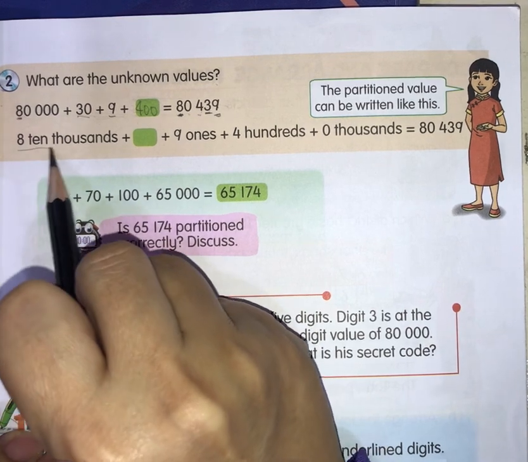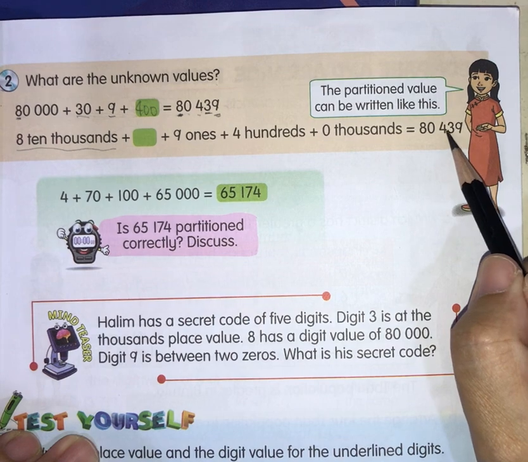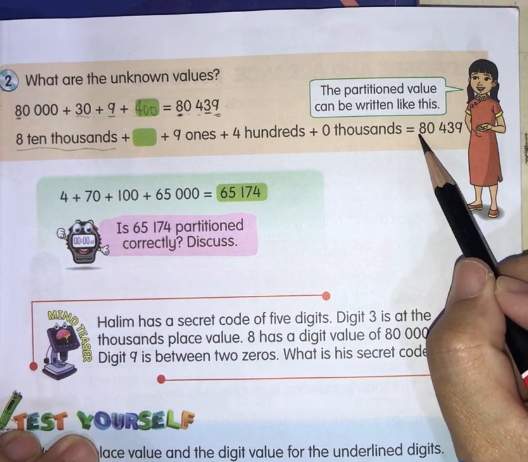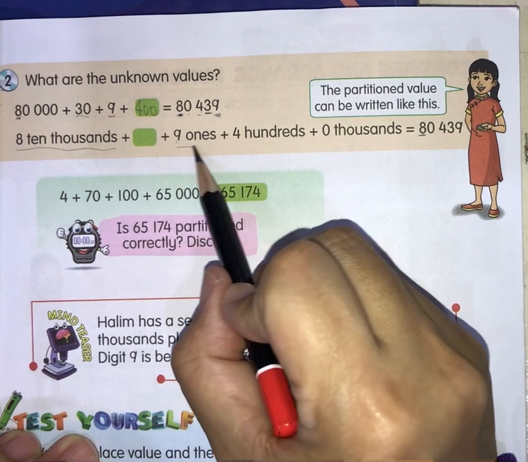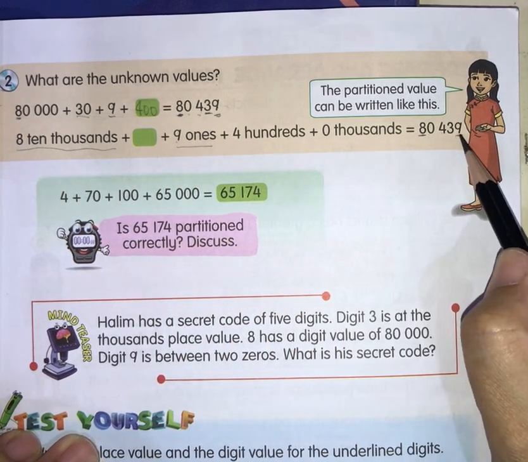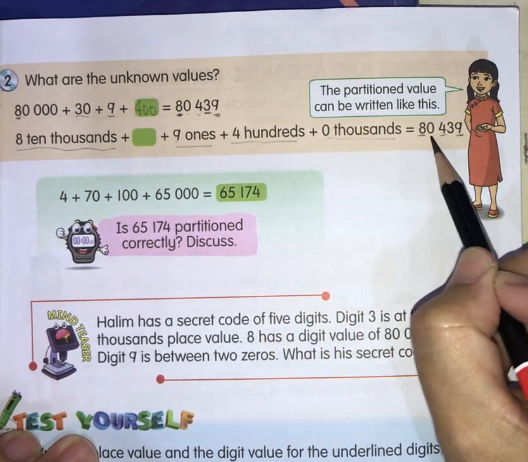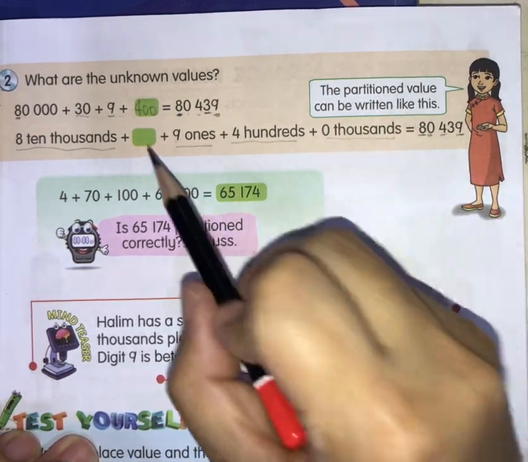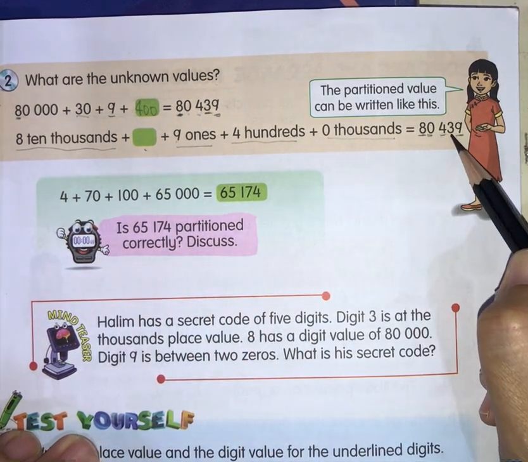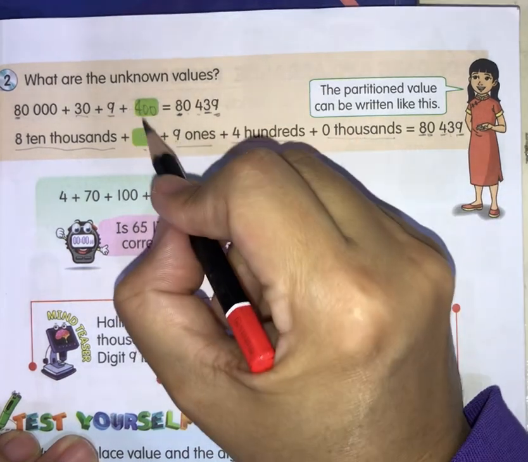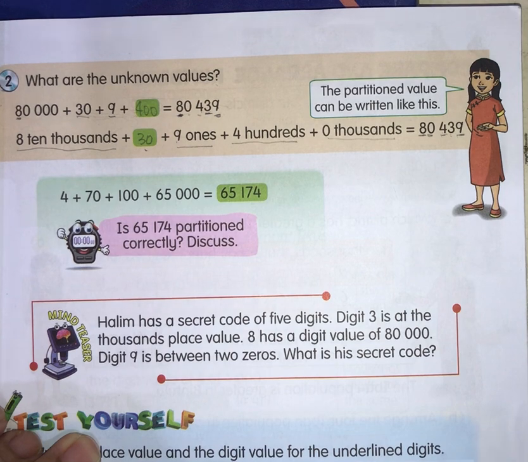Add 10,000. Where is 10,000? Ones, tens, 100, 1,000, 10,000. Yes, it's here. And then 9 ones, 400. So what is the unknown value here? We have 30. So the unknown value is 30.